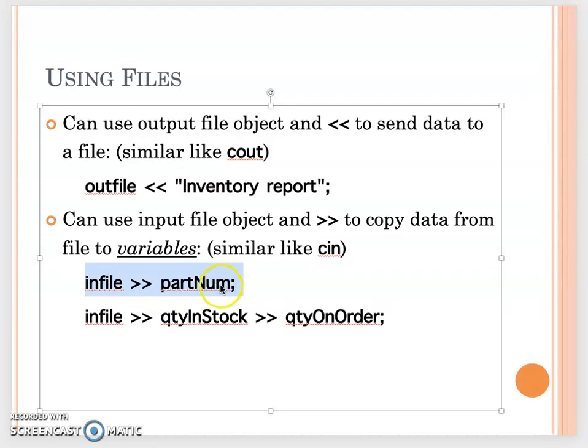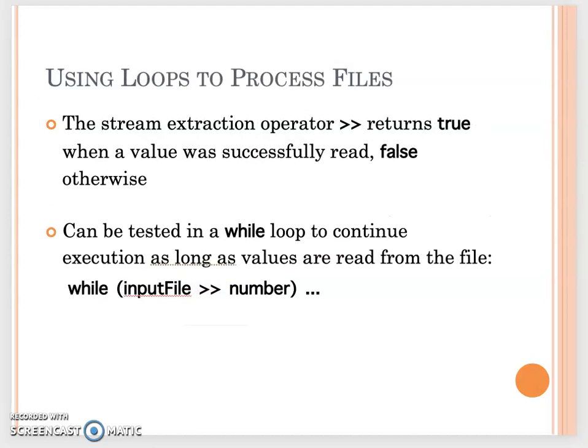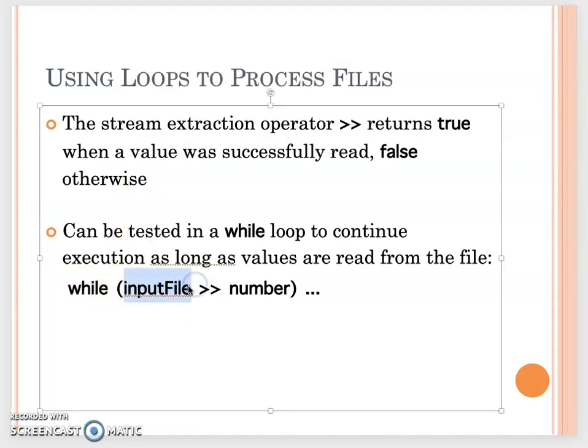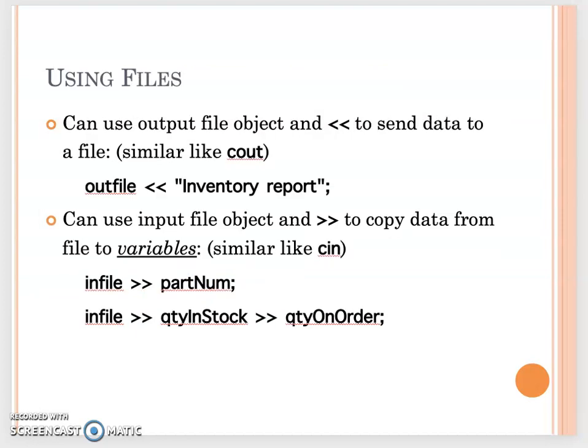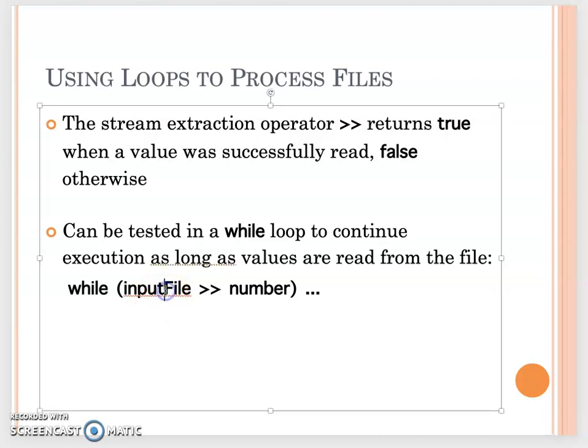And using this true and false, that's why we can write it with the ifstream. Earlier, for example, we used the in file. So how about we just use the in file? We have an in file ifstream object, so I can extract into the number.